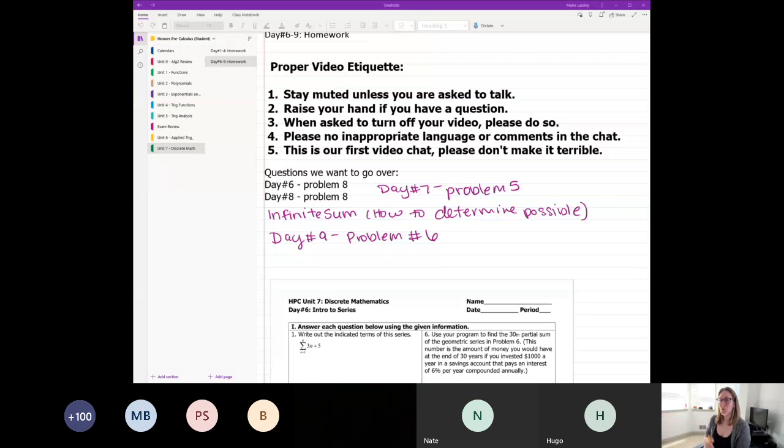Well, the rule tells us that if the absolute value of the common ratio, so it doesn't matter if it's positive or negative, is less than 1, so a fraction, then you have a converging number. So the series converges. And we talked about converging, right? Converging means it has an end goal.